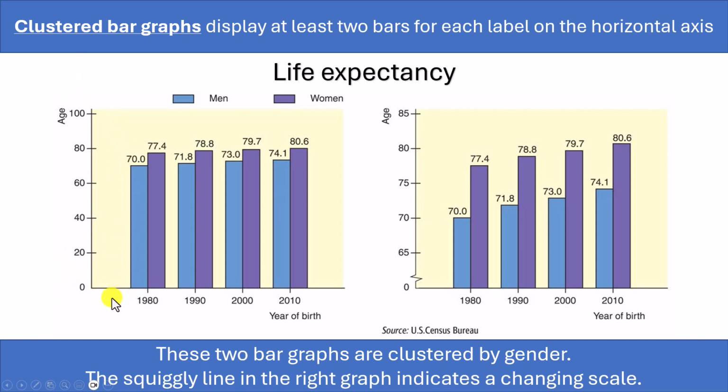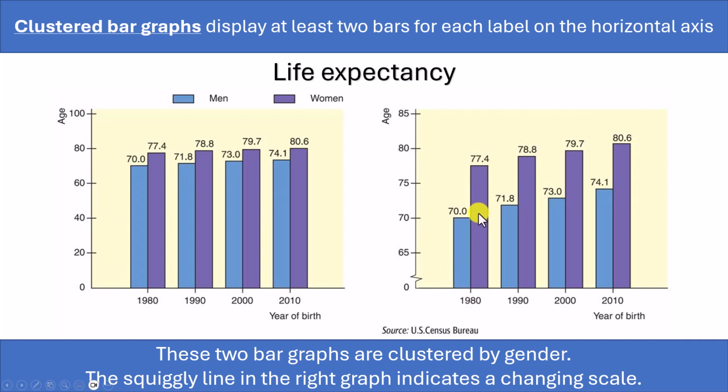Now the thing I want to mention, and the reason why I'm showing you this example, is typically with a bar graph we would really like to have the bars be proportional to how large the vertical axis is, right? So if we have a bar that's twice as large as another bar, then ideally that would mean that we have twice as large of the value on our vertical axis. And you'll notice that the graph on the right does not adhere to that, right?